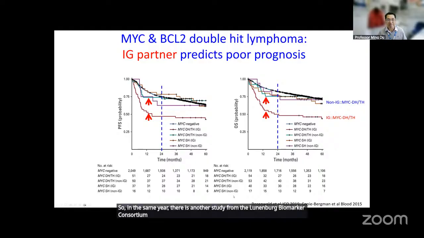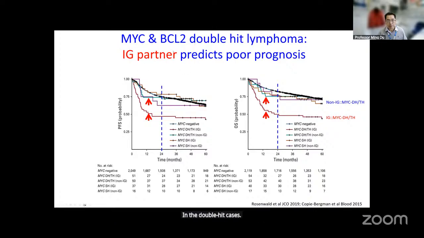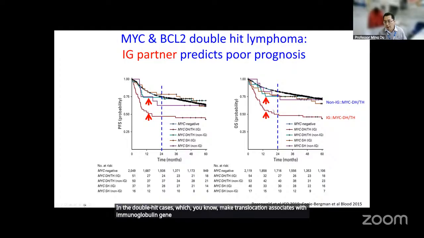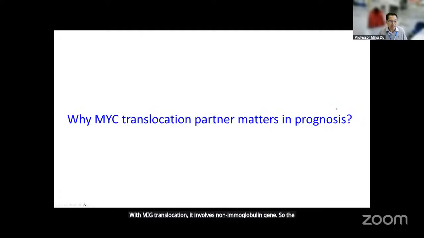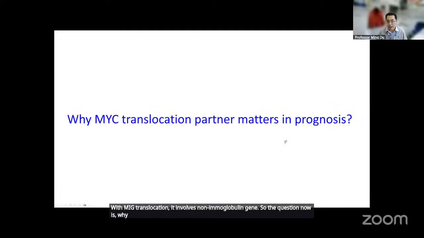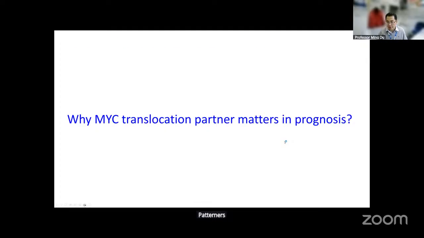They investigated a large series of MYC translocation diffuse large B-cell lymphoma, and identified that double hit cases in which MYC translocation is associated with an immunoglobulin gene show much worse prognosis than double hit cases with MYC translocation involving a non-immunoglobulin gene. So the question now is why MYC translocation partners matter in prognosis.